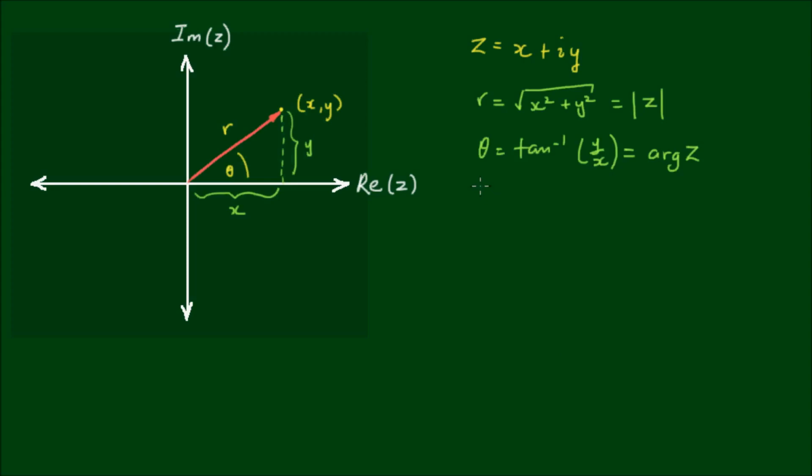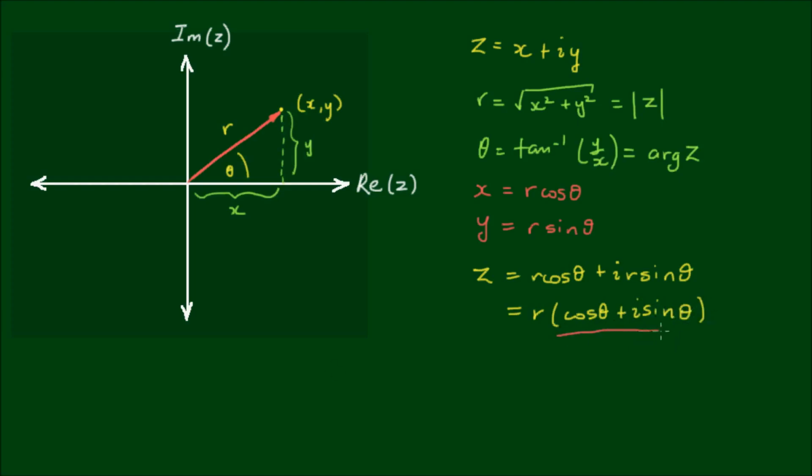And also by trigonometry, the horizontal component x is simply equal to r cos theta, and the vertical component y is equal to r sin theta. So z, the complex number, can be rewritten as z equal to r cos theta plus i times r sin theta. And here I can factor out an r, so I get r outside of cos theta plus i sin theta.